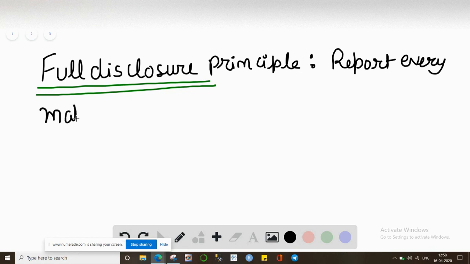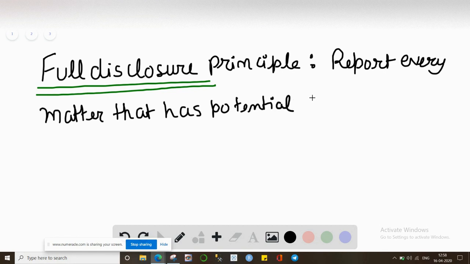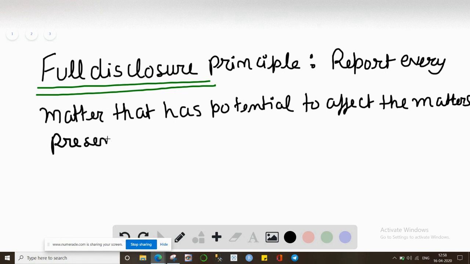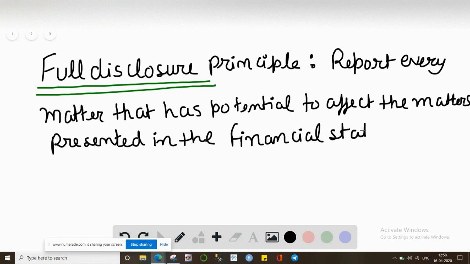Report every matter that has the potential to affect the matters presented in the financial statements.